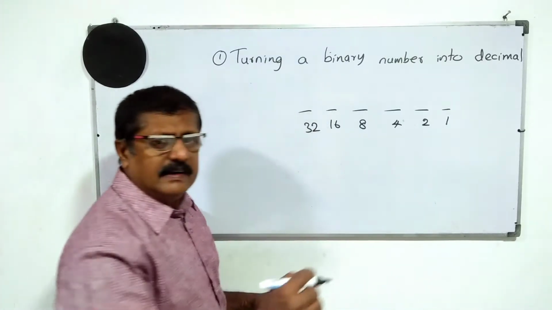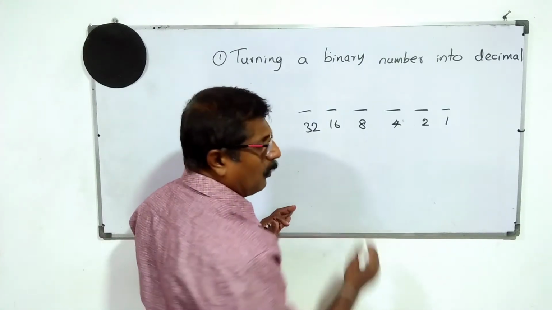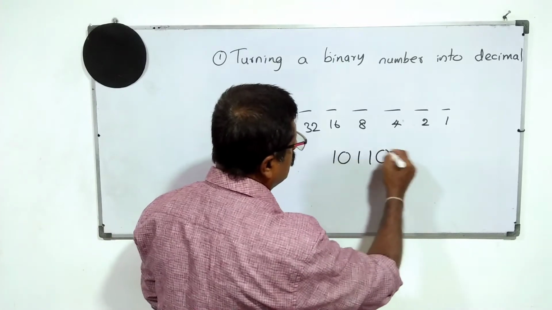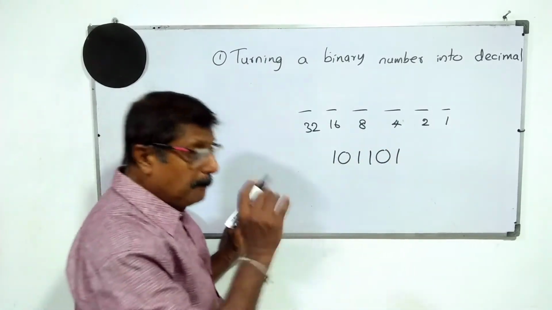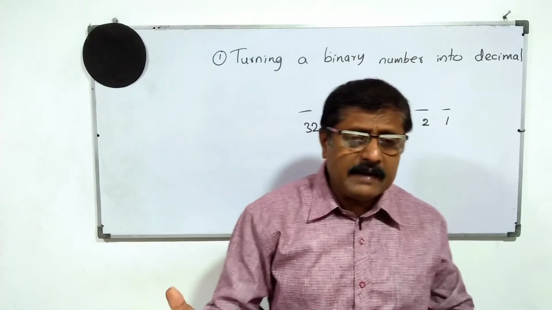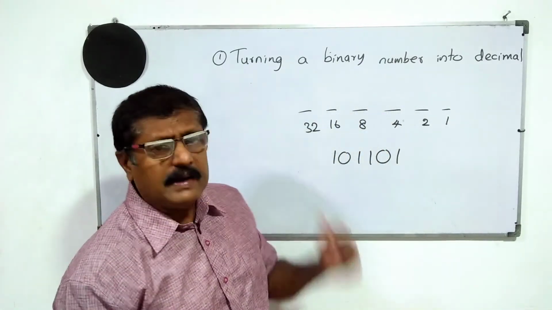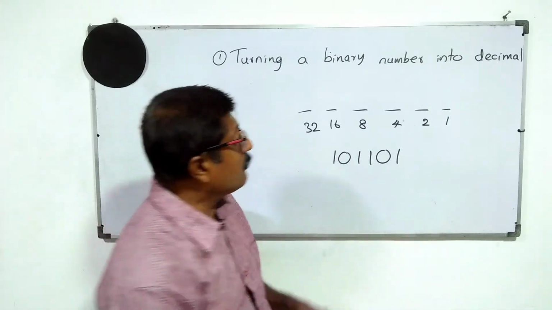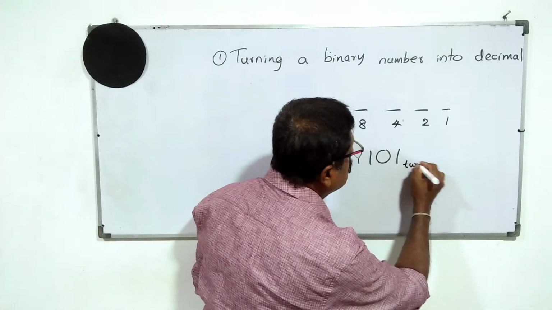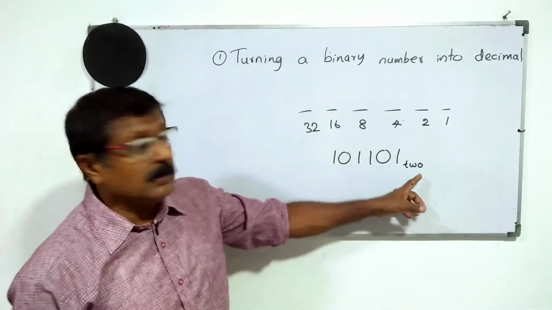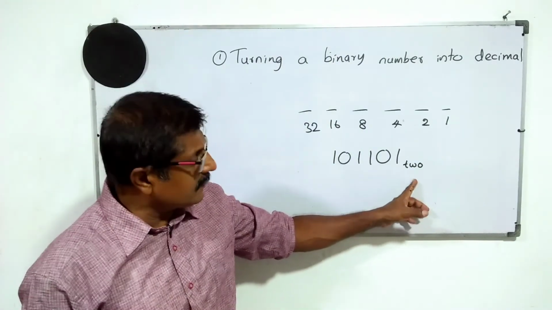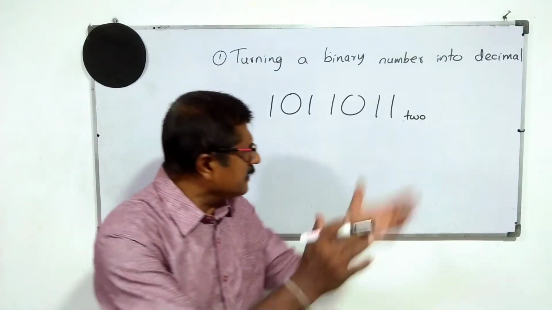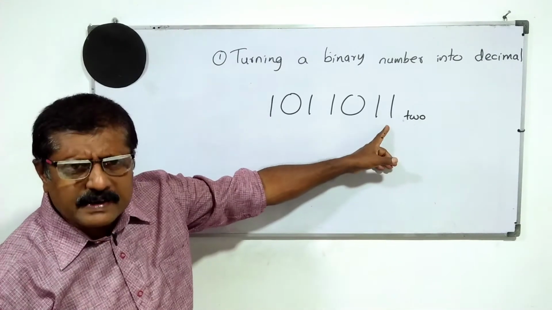When we write a binary number, only 1 and 0 we can write. 1, 0, 1, 1, 0, 1, like this. But now, how can we understand that this is a binary number? Somebody may say that it is a decimal number. Therefore, we must write 2 in here, but not in numerals. In letters like this, you have to write the word. Okay. Now, my dear children, let's convert this binary number into decimal.